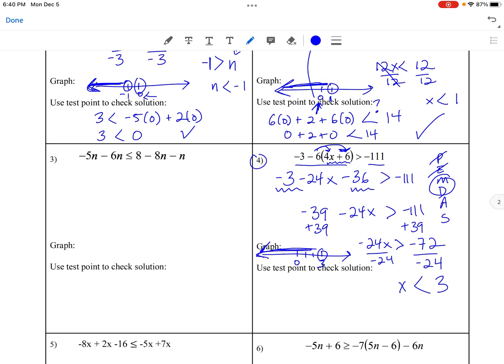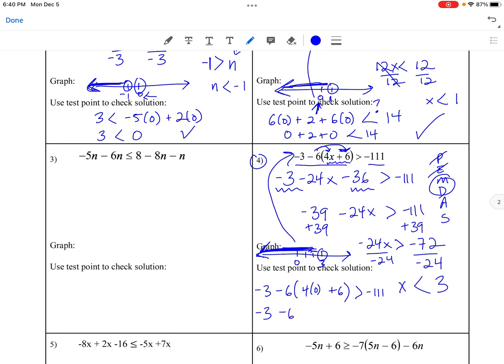Okay, so if I do the test point of 0 and plug it in, that should make my original inequality true because it's in my shaded area. So let's try that. Negative 3 minus 6 times 4 times 0 plus 6 greater than negative 111. Okay, negative 3.